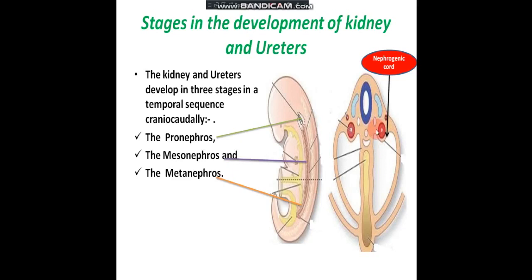Medial to this nephrogenic cord, we have another bulge, formed by the proliferation of the overlying mesenchyme, which forms the gonadal ridge. Collectively the urinary ridge, or nephrogenic cord, and the gonadal ridge form the genitourinary ridge, from which the genitourinary system develops.